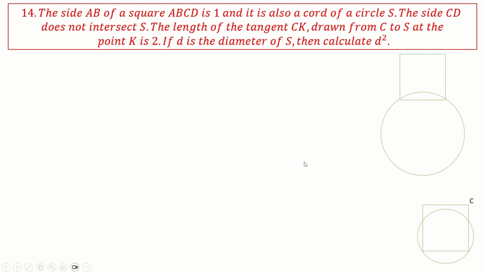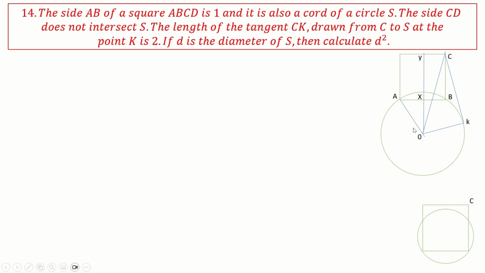Now let's draw the diagram. This is the center of the circle O. OA and OK are radii. At K, I have a tangent from C, so this is 90 degrees. I'm drawing a line from O to Y, which is perpendicular and divides AB into two halves, because AB and CD are both parallel chords.